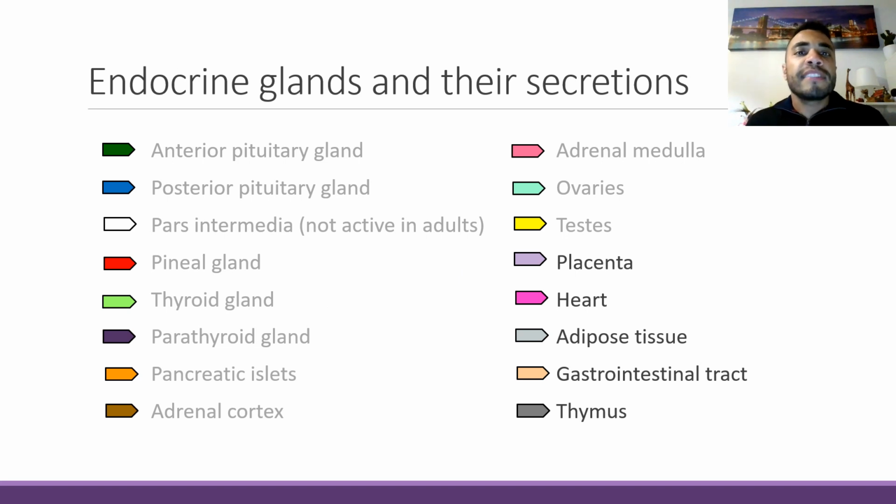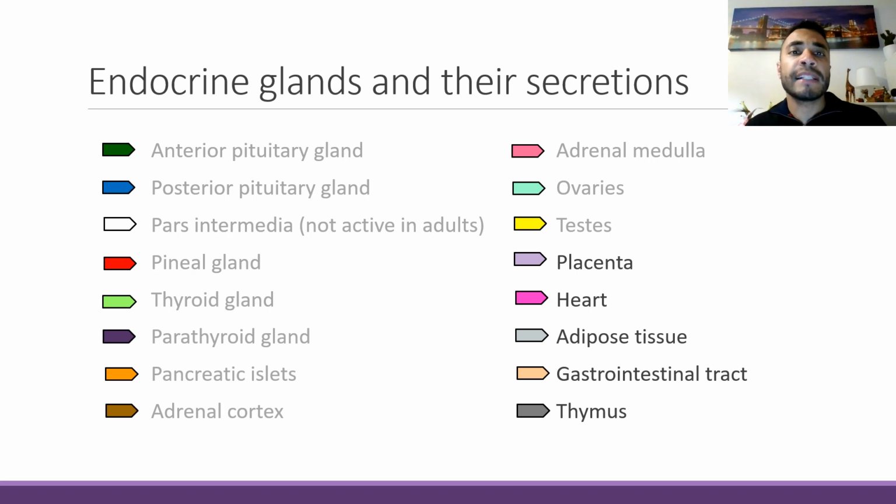Finally, we have those glands that are not considered pure endocrine glands. So we have organs such as the placenta, heart, adipose tissue, gastrointestinal tract, and the thymus that play major specific primary roles, and the endocrine function is secondary in those organs.